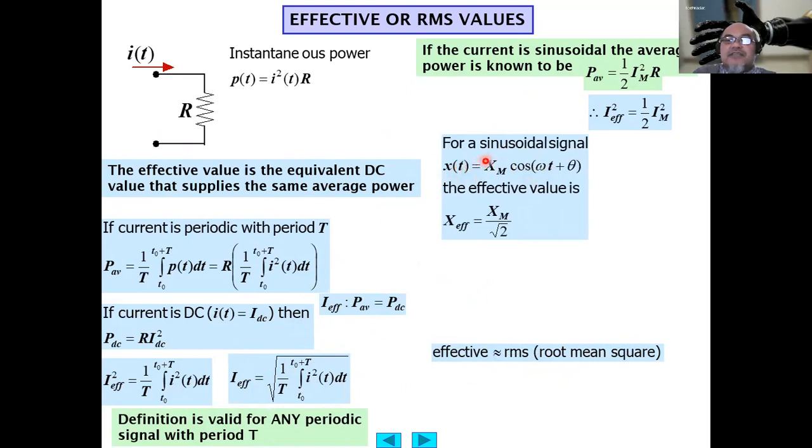For a sinusoidal signal, whether voltage, current, or whatever, x(t) equals Xm, the maximum, cosine of omega t plus theta.